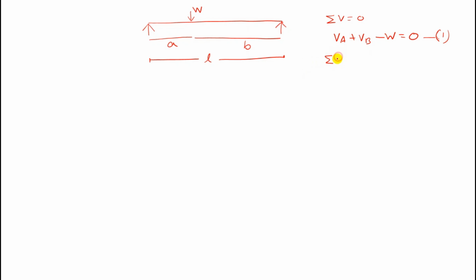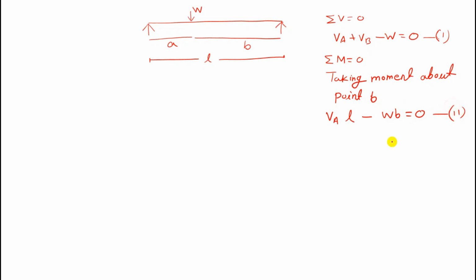Another equation is summation of moment equals 0. Taking moment about point B, VA into L minus W into B equals 0. This is another equation.